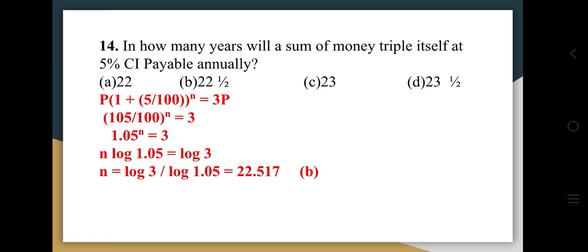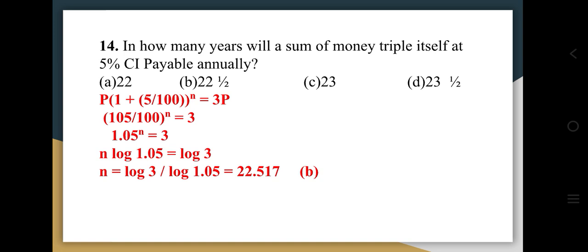We want N, so we have to take logarithm. If you take logarithm on both sides, log m power n is n log m. So it is n into log 1.05 is log 3.